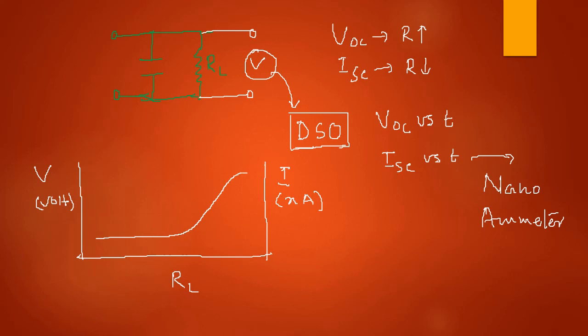Okay, and the opposite you will see for the current. When the load resistance value is less, the voltage will be less, and then it will gradually go up, and the current will show the different thing. It will be falling like this, or maybe I can use a different color to represent it. So the current will be like this. The current will go and fall down like this.